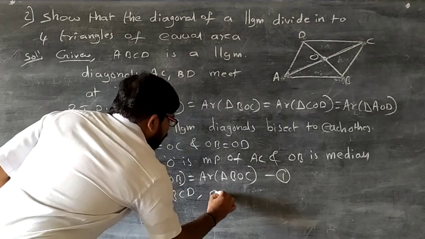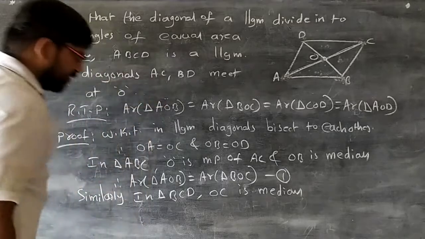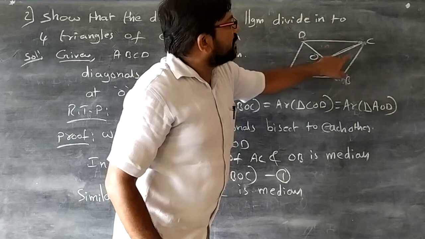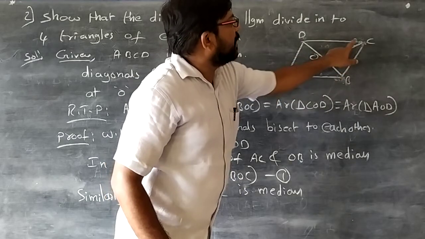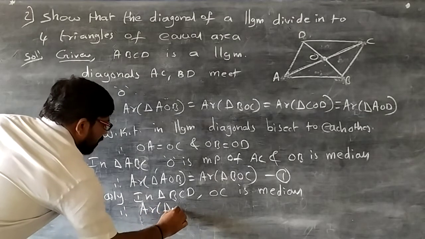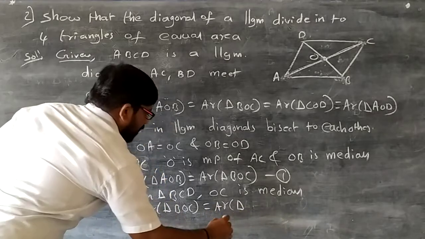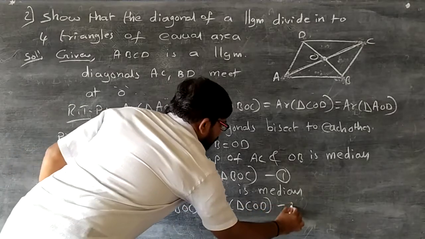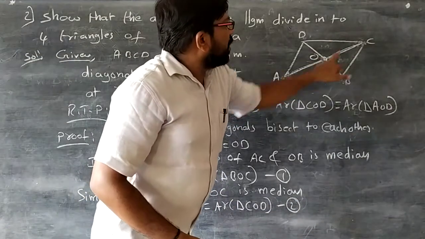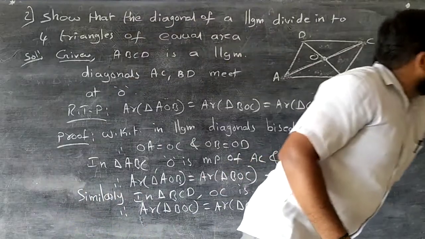OC. OC is median, right? Therefore, OC median means these two are of equal area. Means BOC is equal to COD. Area of triangle BOC is equal to area of triangle COD. Say 2, right? So in the same way, in this triangle these two equal, in this triangle these two also equal.